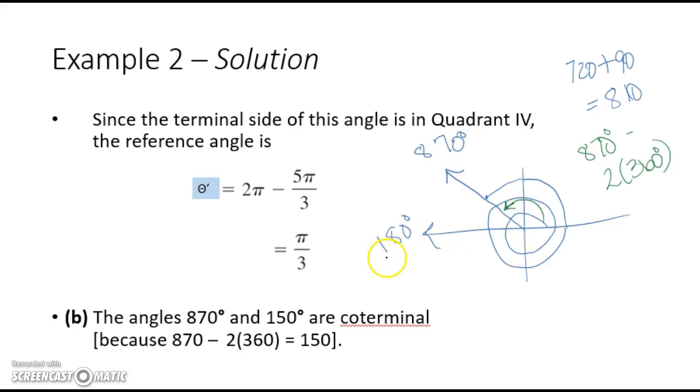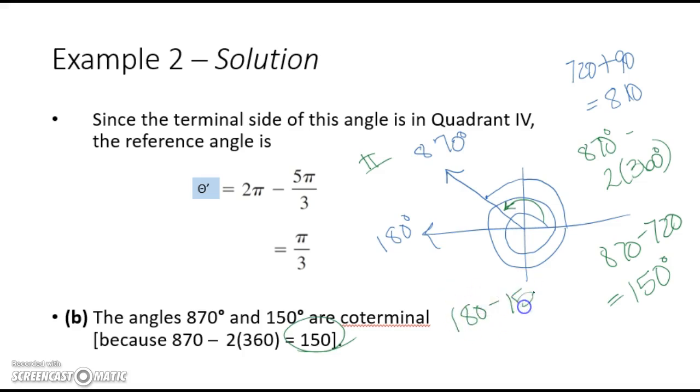And we can, in quadrant 2, take 180 minus that angle measure. So that's 870 minus 720 is 150. And I do see that's where they wound up down here. So we're going to take 180 minus 150. And so our reference angle for this angle would be 30 degrees.